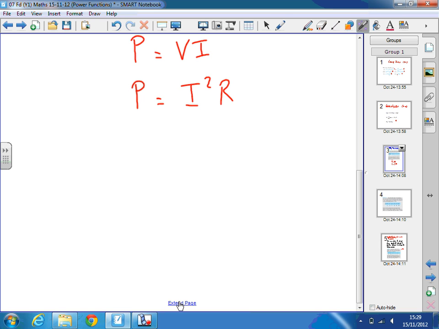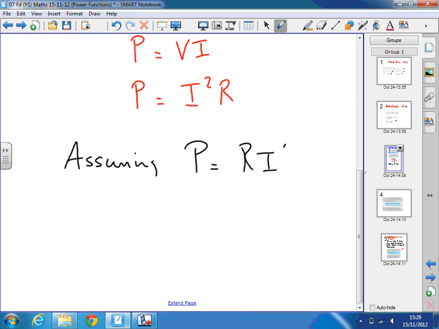So assuming power equals R I to the n, we use logarithms to expand this.